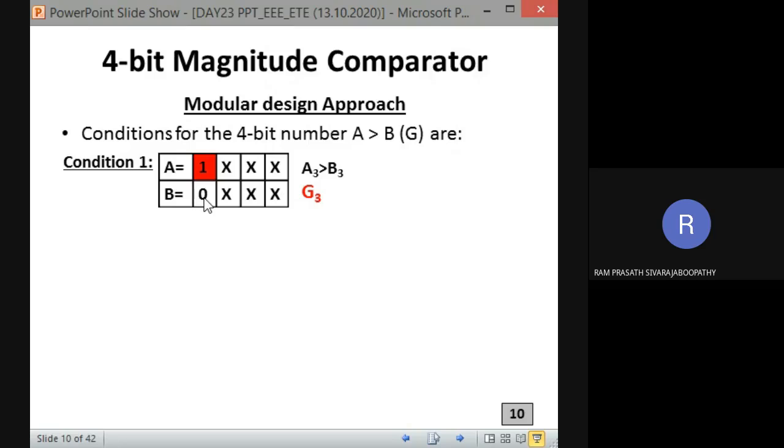Simply we can write A greater than B. If you have any doubt, kindly type it in the chat. G3 how? A3 greater than B3 அப்படின்னு சொன்னோம்னா மீனிங் என்ன? Which one of the outputs will be high? A3யும் B3யும் கம்பேர் பண்ணா எந்த அவுட்புட் எனக்கு ஹையா இருக்கும்?